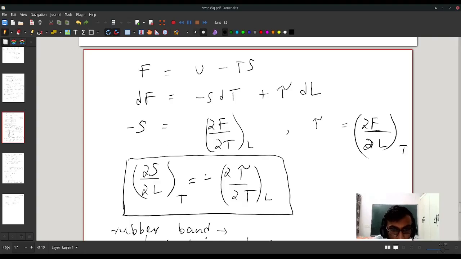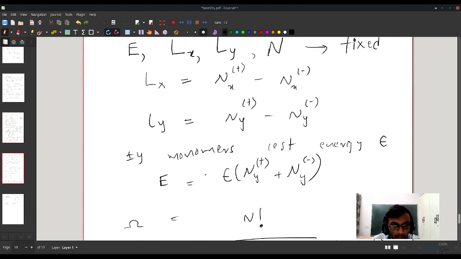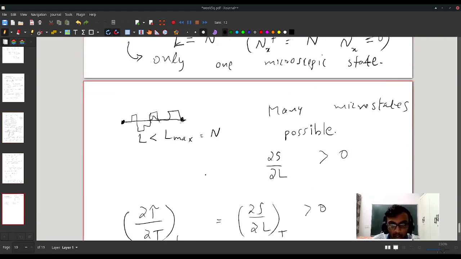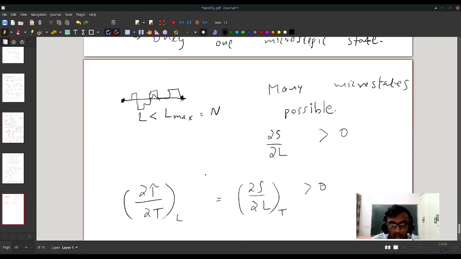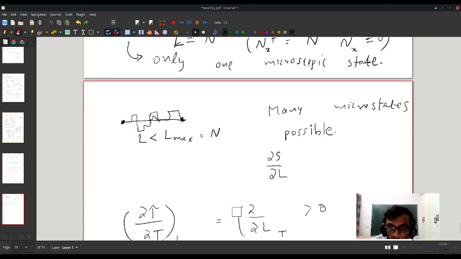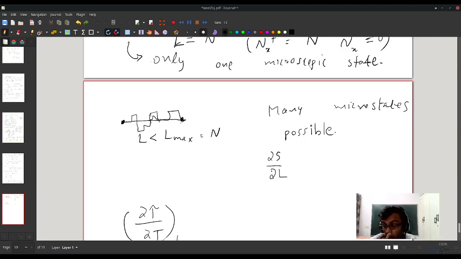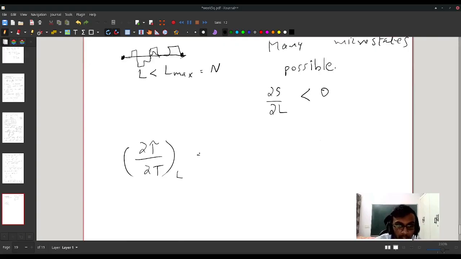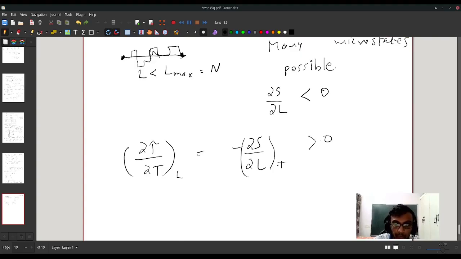There is a minus here. Whatever I said in words is correct: as you decrease the length, the number of possible microstates will increase. So dou S by dou L is negative, and this thing is actually equal to minus dou S by dou L at constant temperature. So this is going to be positive.